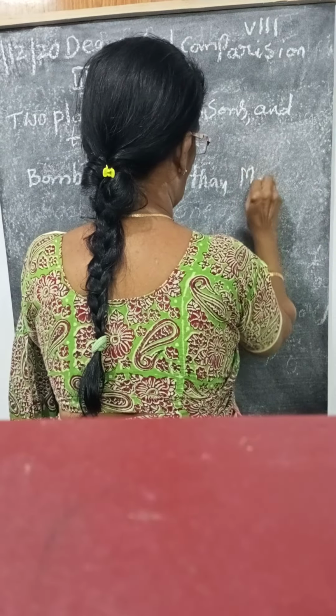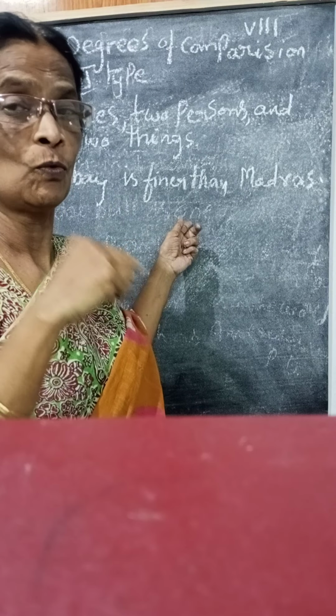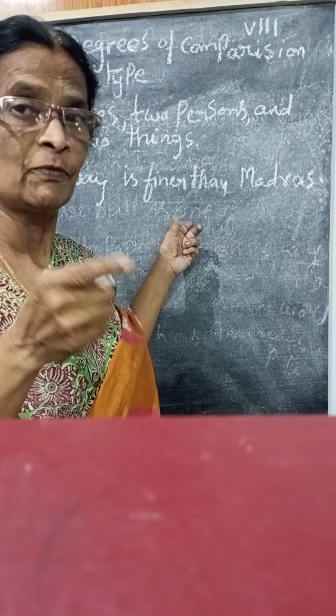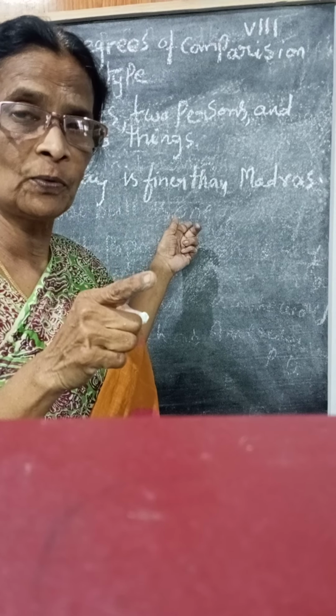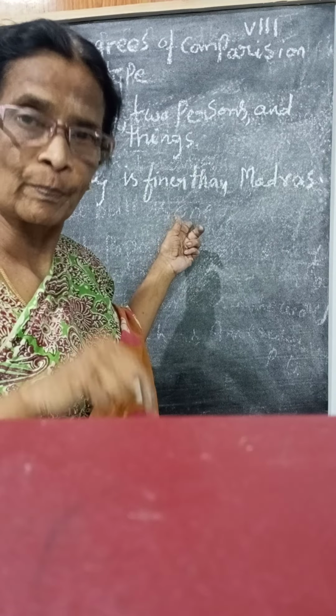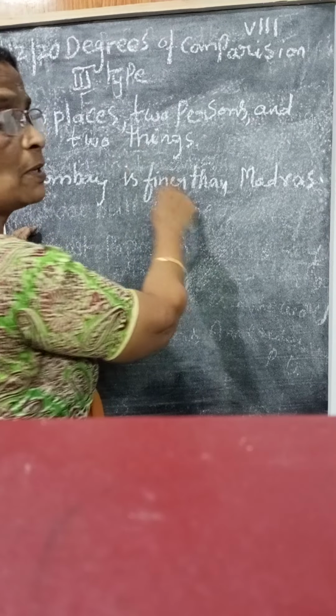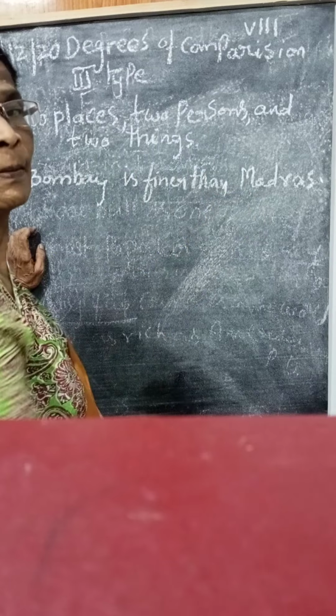Finer than Madras. Here, which degree is it? It is comparative degree. Is there a negative word? No. So what will we do according to the clue I told? Without negative, we have to change into the positive degree. Very good. That means Bombay is finer than, Bombay only is fine but not Madras.